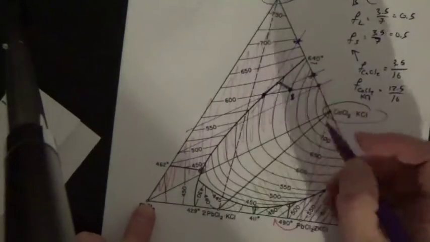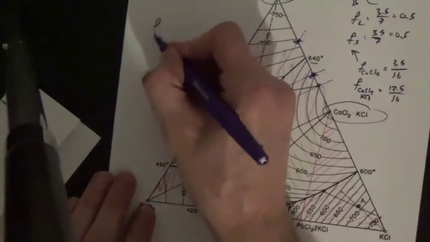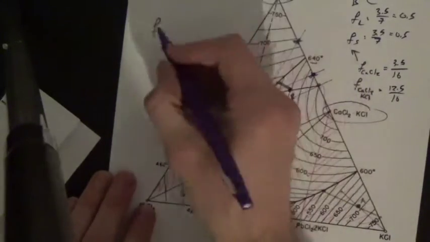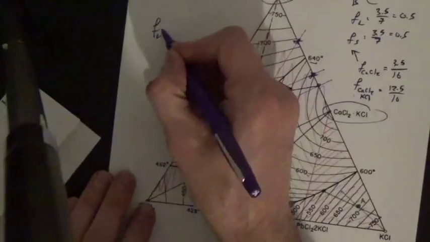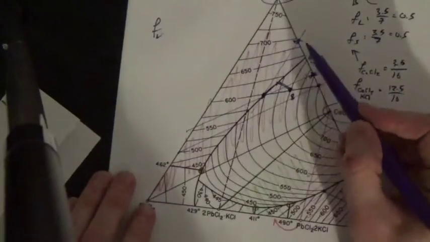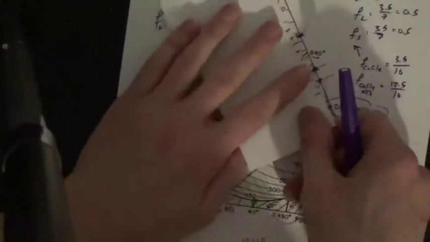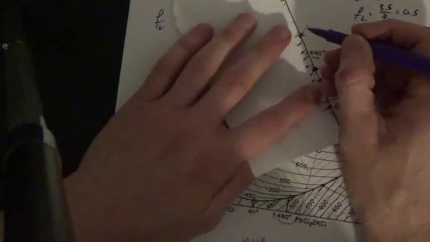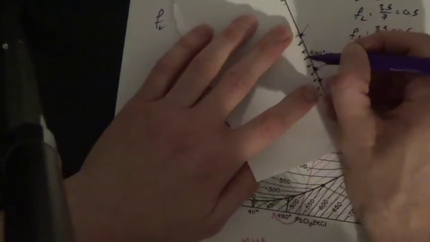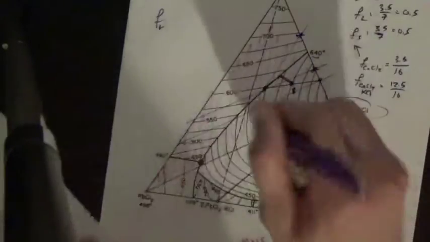We could say then that, well, this is 16 liquid. It would be 16 divided by 1, 2, 3, 4, 4.5.